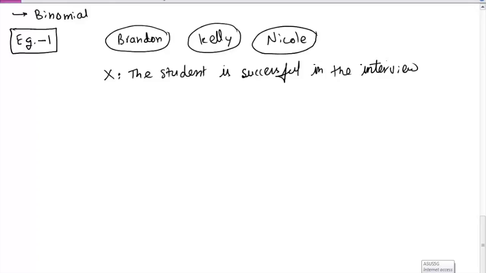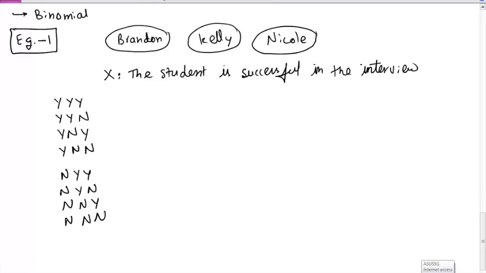If you have to list all possible outcomes, let's say we represent success by yes and failure by no. Either all three are successful, yes, yes, yes, or we have yes, yes, no, or yes, no, yes, or yes, no, no. I have written first everything starting with yes, and then we can repeat everything with no. So these are all possible outcomes.